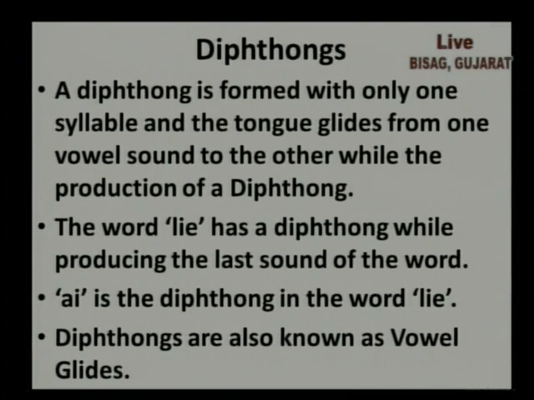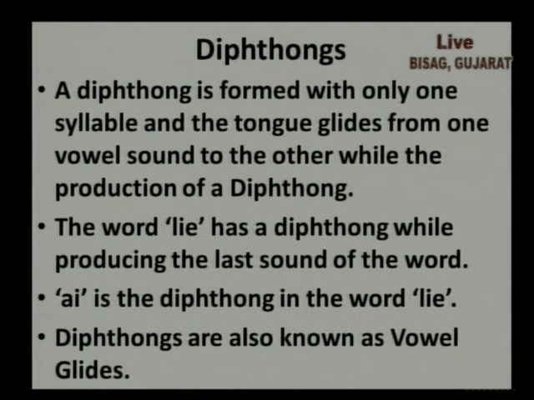Similarly, in a diphthong there are two vowel sounds, but the jaw does not go down. It's just in a simple fashion, and that is why it is only one sound. Two vowel sounds make it a diphthong, and that is why a diphthong is known as a vowel glide.